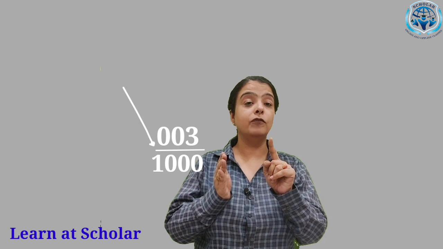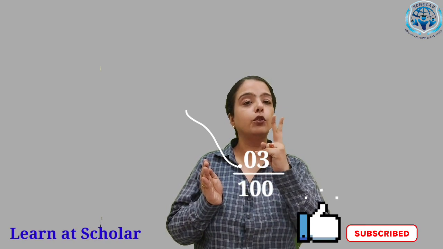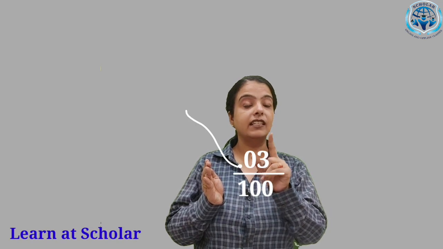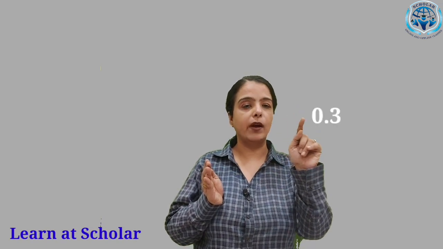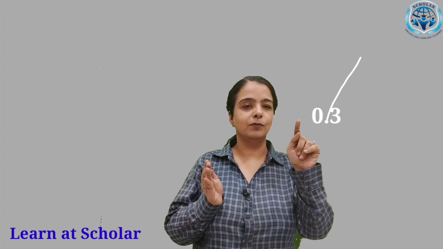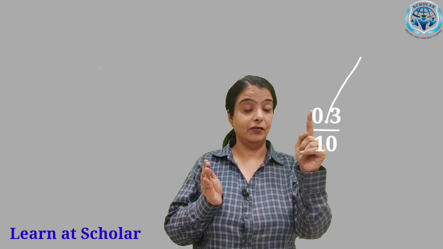If we have to remove the decimal of 0.03, we will write 0.03 upon 1, remove the decimal. There are 2 digits after the decimal, so we will write 100, 2 zeros, over 1. If we have to remove the decimal of 0.3, we will write 0.3 upon 1, remove the decimal and write 10, because there is 1 digit after the decimal, that is 3. We will write 3 upon 10.